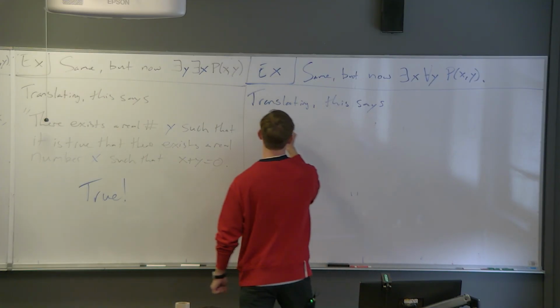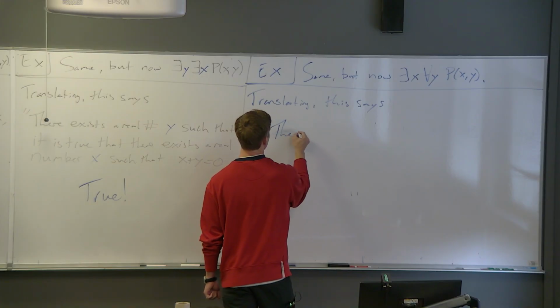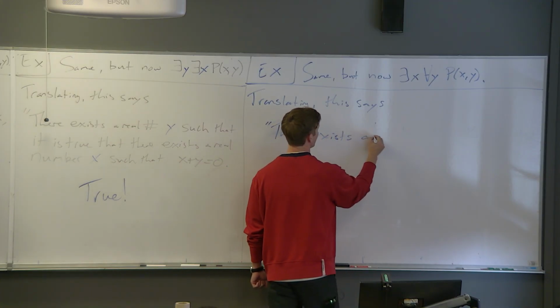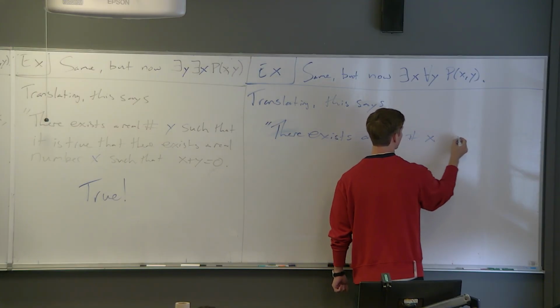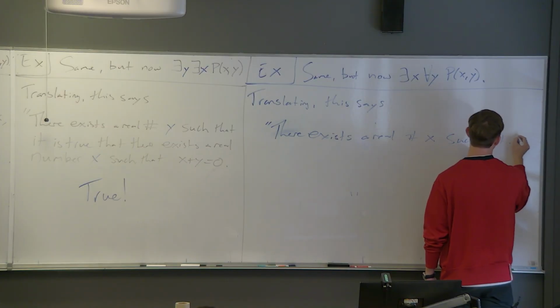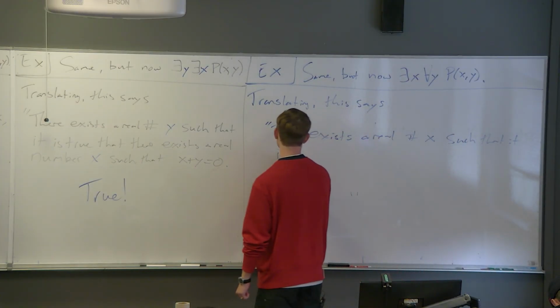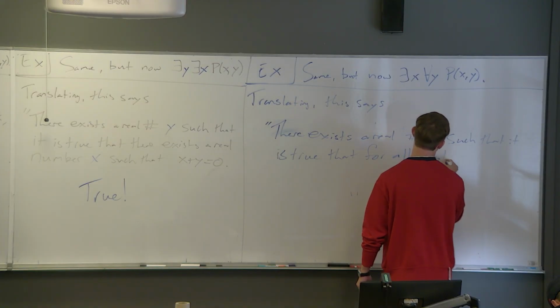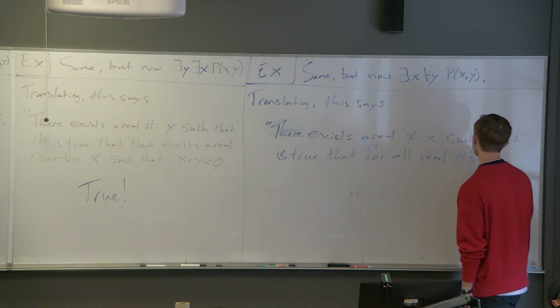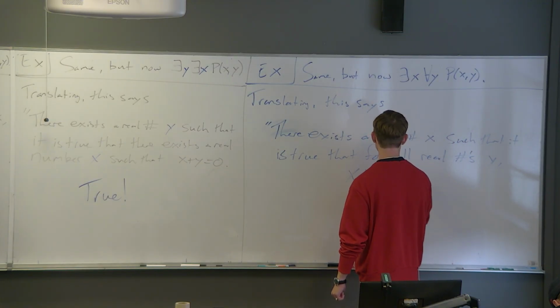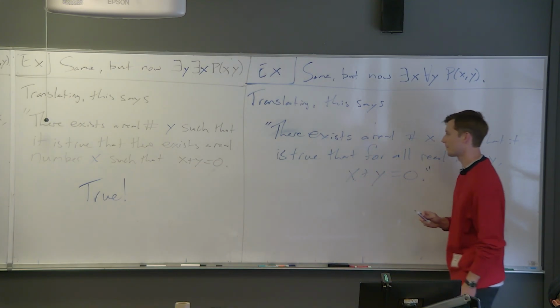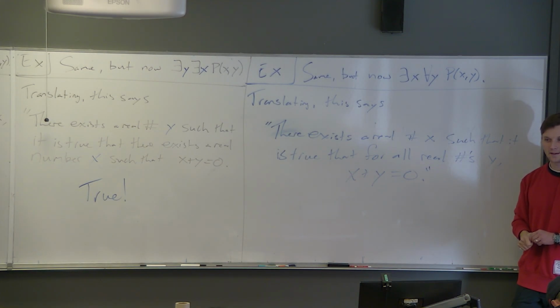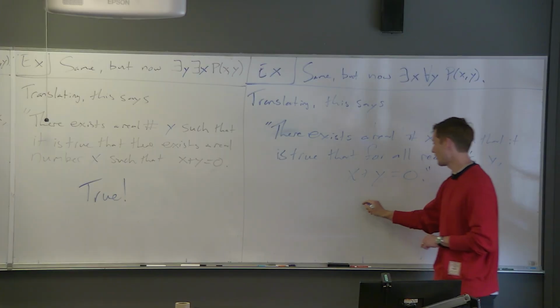Now, this says there exists a real number x such that it is true that for all real numbers y, x plus y is equal to 0. Is there a number that if you add it to anything, you get 0? No, there isn't. Not a real number, at least. Yeah? False.